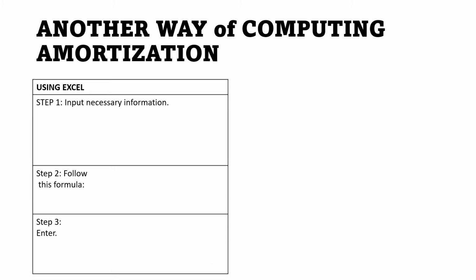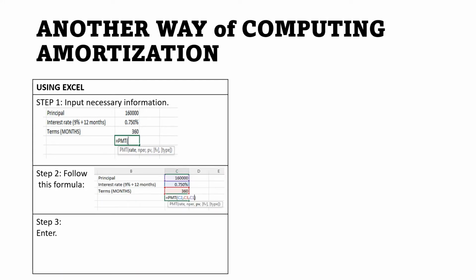For step 1, input necessary information like the principal, the monthly interest rate, and the number of months you are going to pay the mortgage. Step 2, input the equal sign, PMT, open parenthesis, click the cell with the rate, comma, click the cell with the months term, comma, and then click the principal amount and close parenthesis. Step 3, hit enter.